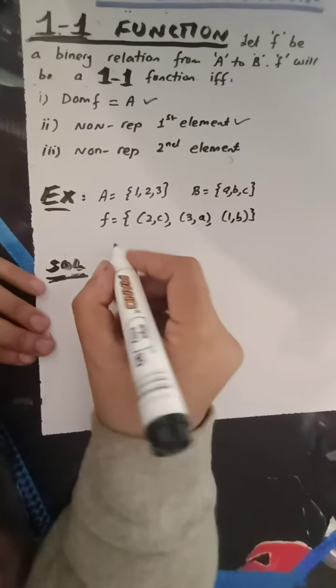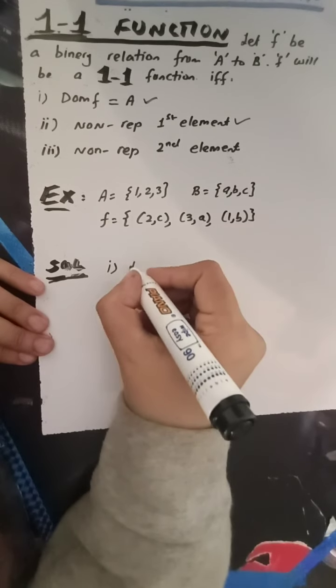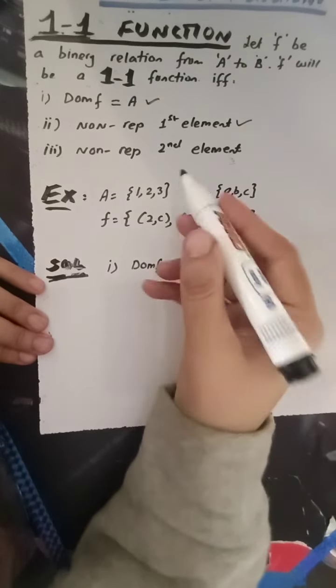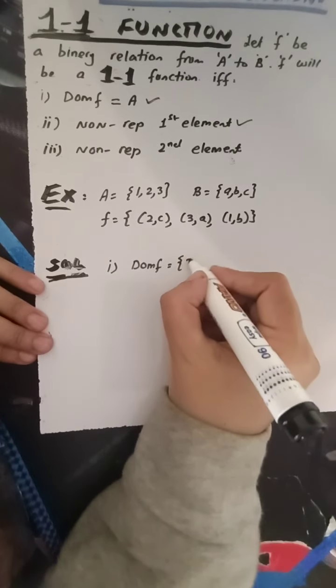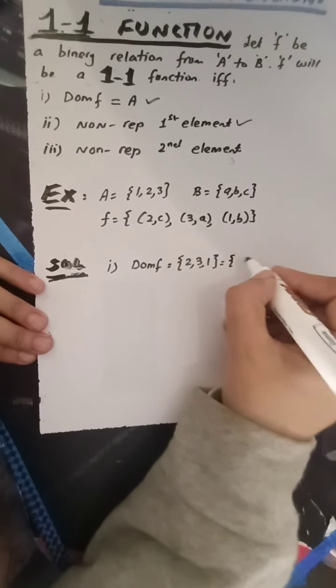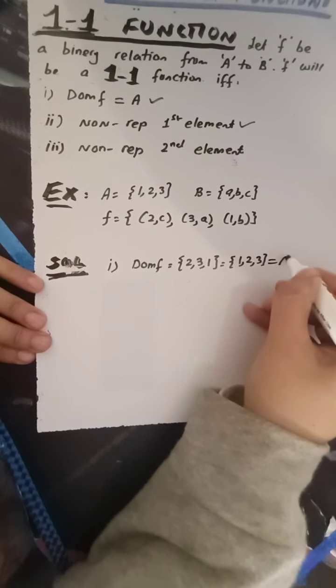Now let us see if it is a 1-1 function or not. The first condition is whether the domain of f is equal to A or not. The domain of f is 2, 3 and 1. In a set we can easily change the order, it does not change the set. So this is equal to A.